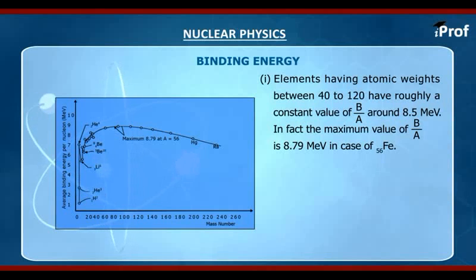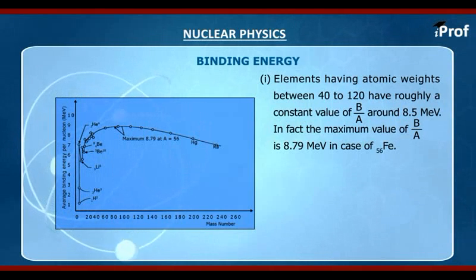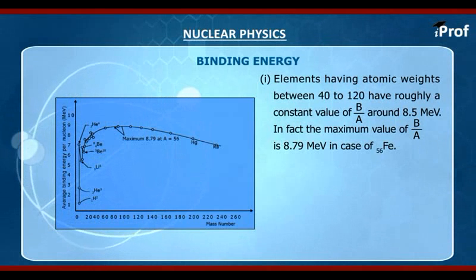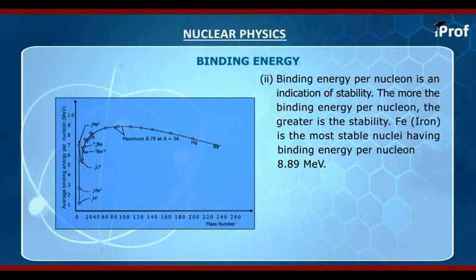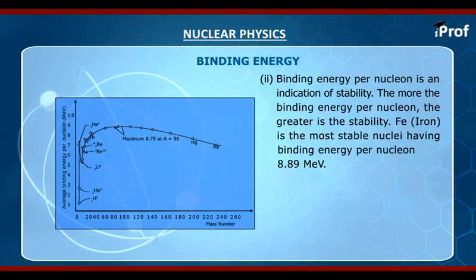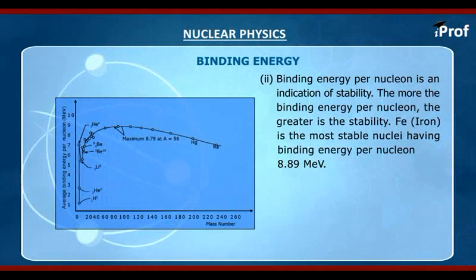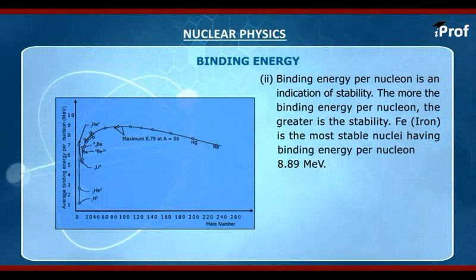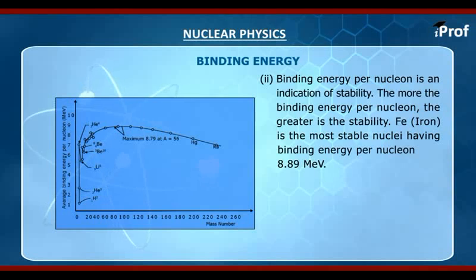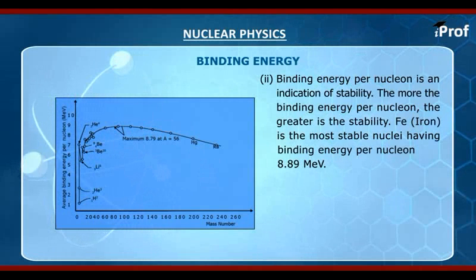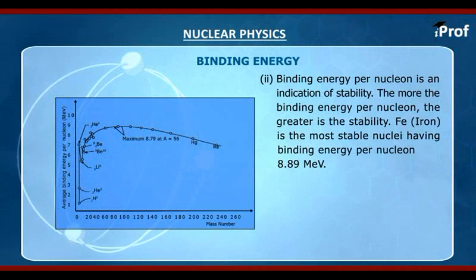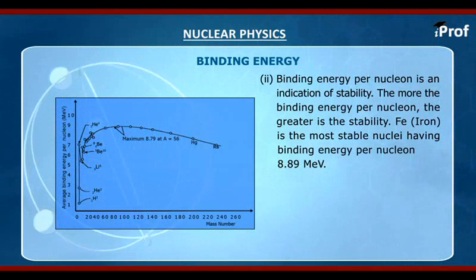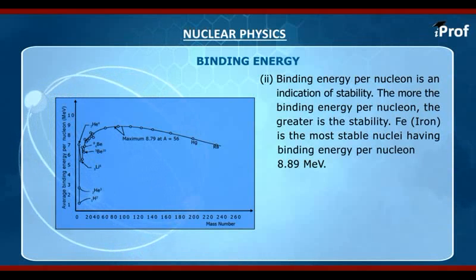Wherever nucleons are paired, there will be extra stability associated with them. This parameter of binding energy per nucleon is an indication of stability of the nucleus, and we see that the binding energy per nucleon for iron is maximum, at around 8.89 million electron volt. So iron is the most stable nucleus.